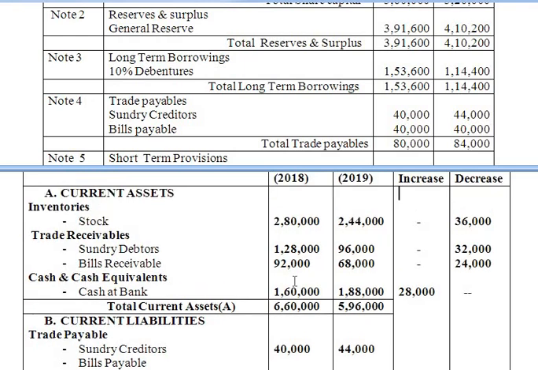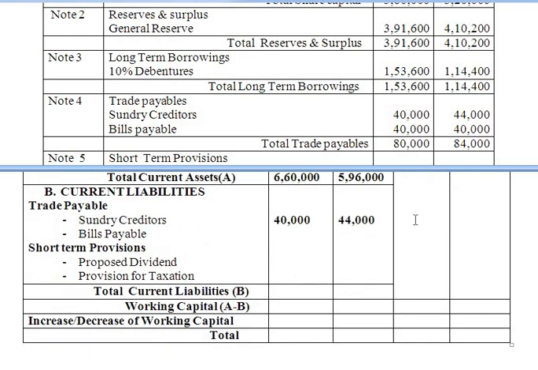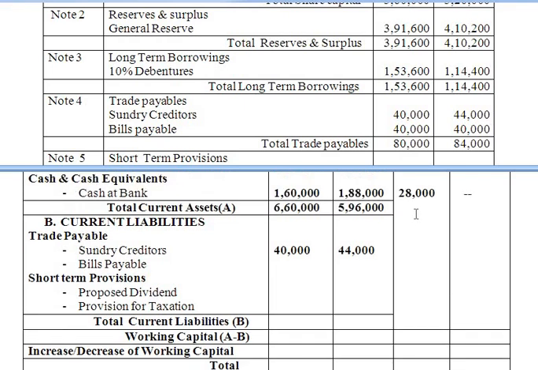Increase in current liabilities leads to decrease in working capital, because when current liability increases, there will be an increase in the amount of payment. So therefore working capital decreases. How much does working capital decrease? By 4,000.